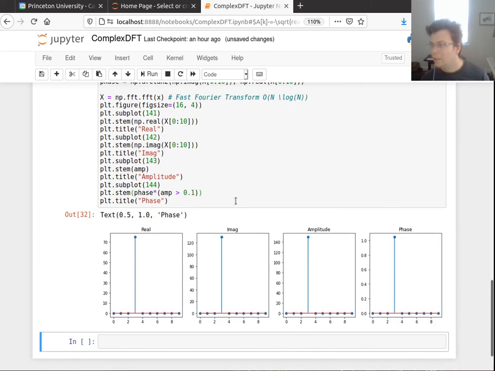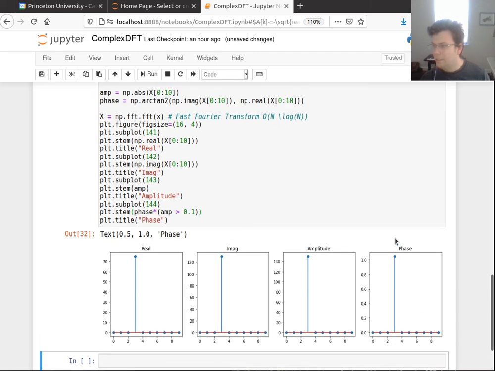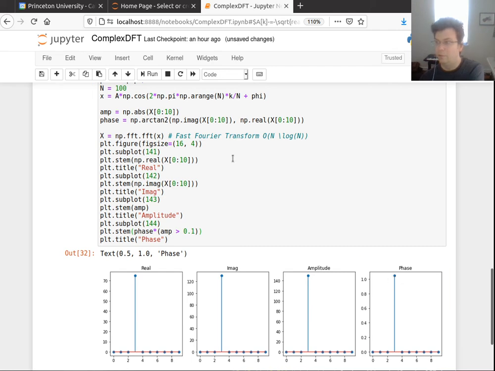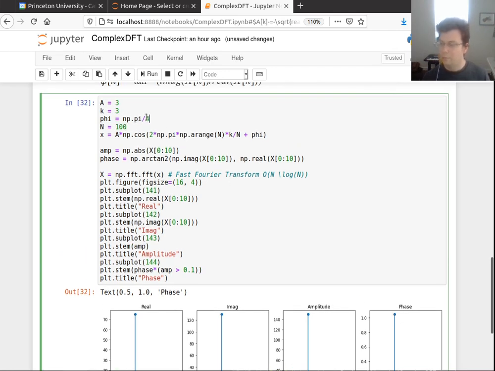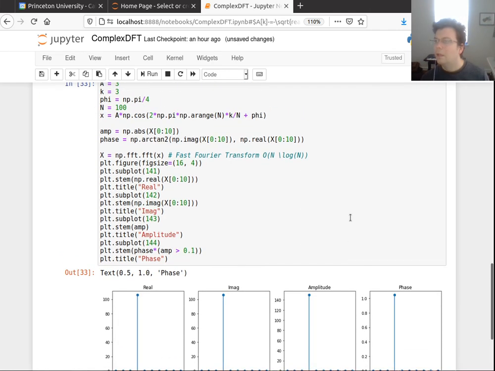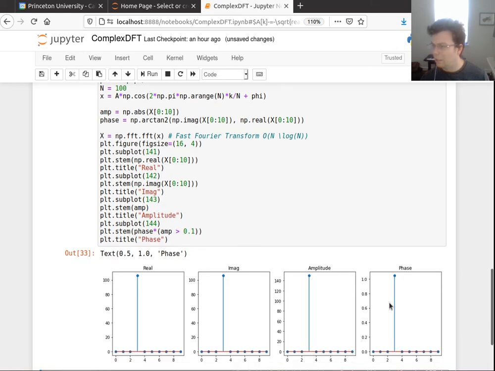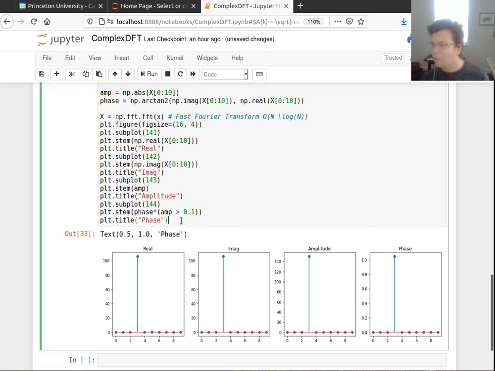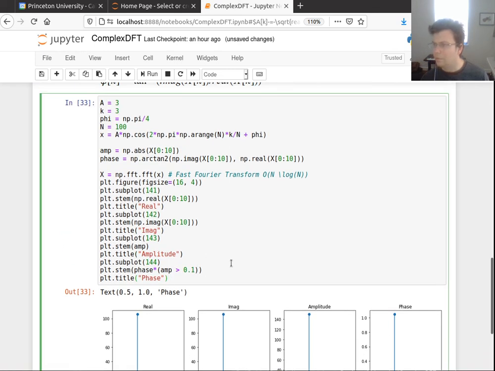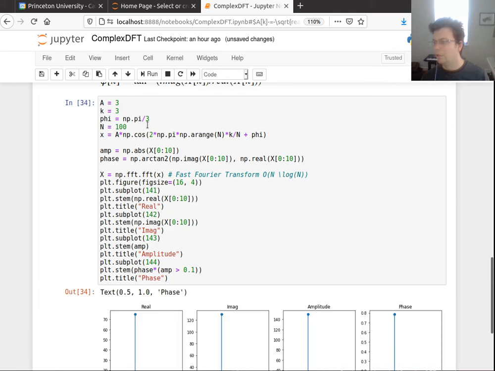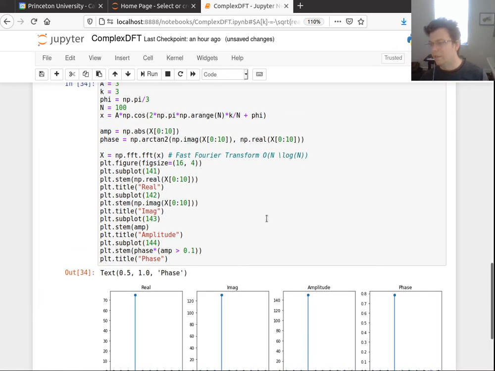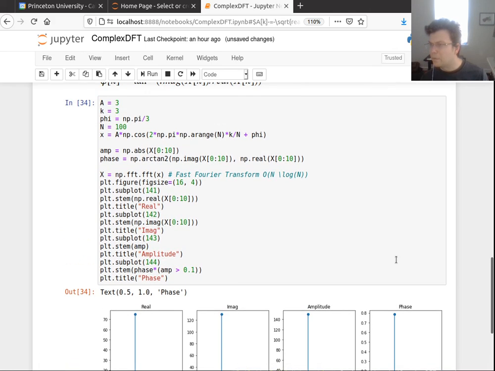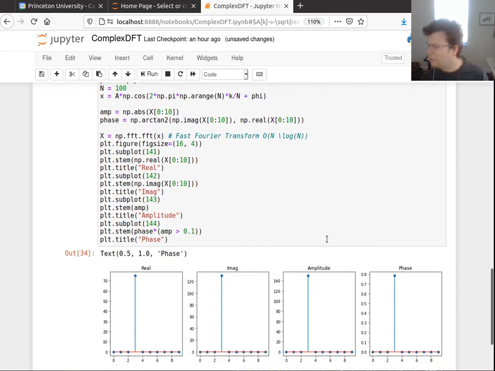Okay. All right, so the phase here is supposed to be pi over 3, which is a little bit over 1. Let's see, pi over 4. That looked like the same, didn't it? Hang on. Oh no, I guess I hadn't refreshed from last time. Okay, pi over 3 should be slightly greater than 1.